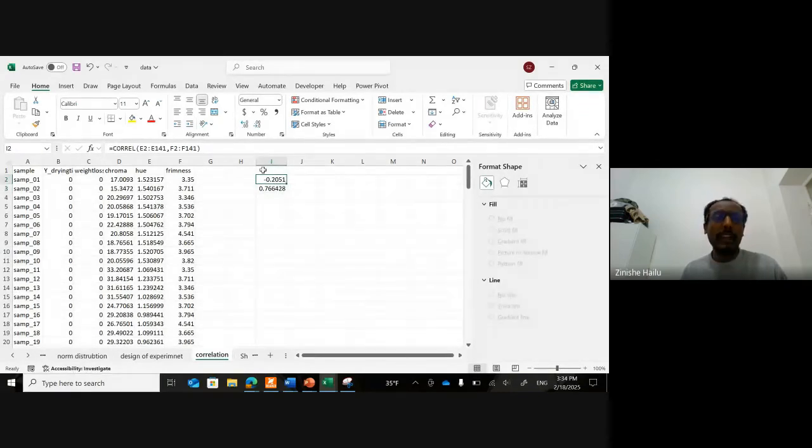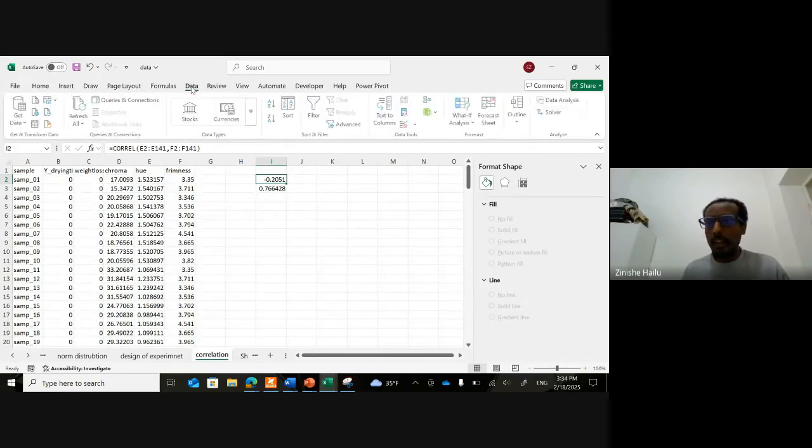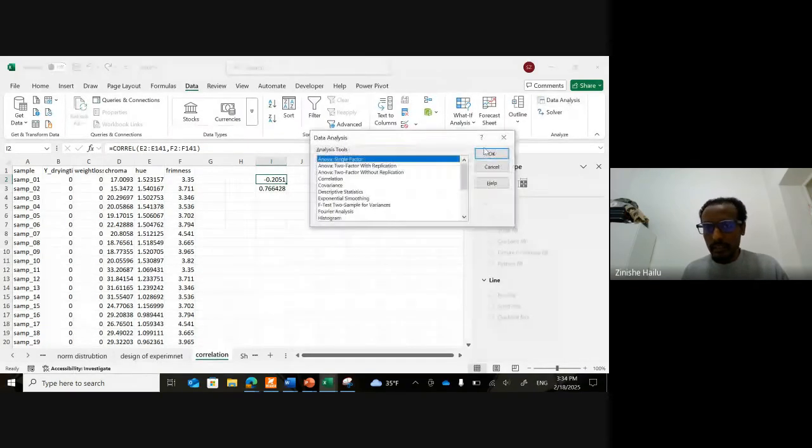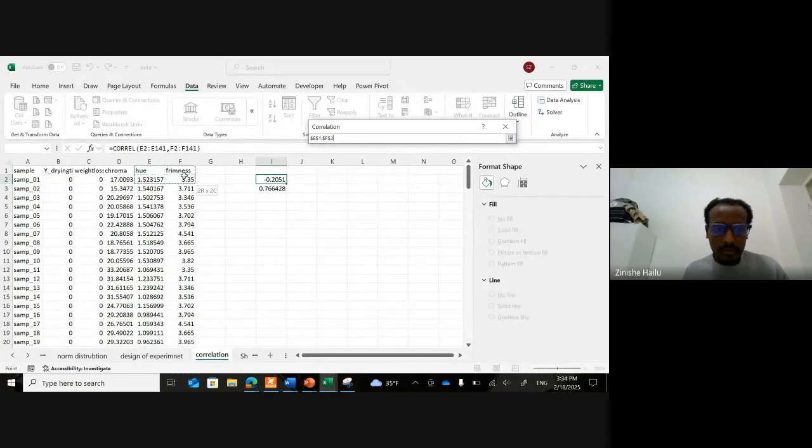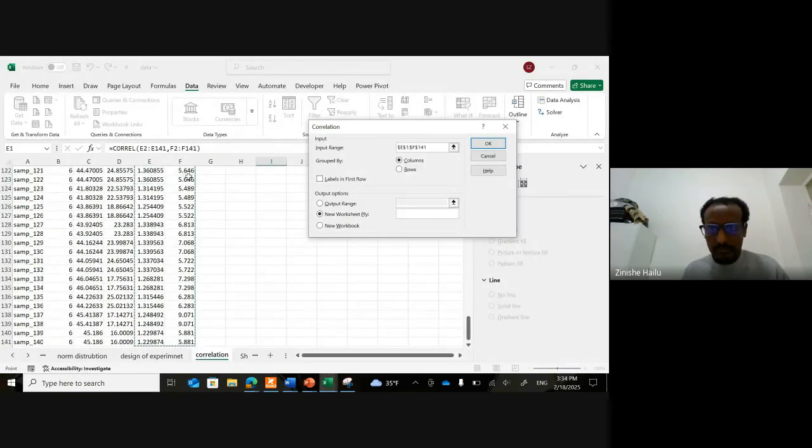So this is one of the approaches we can calculate, or we can use the same data and then data analysis. Here there is a correlation function. We can click this one, and then we can input the range. Let's say I will input this range. Okay, output.